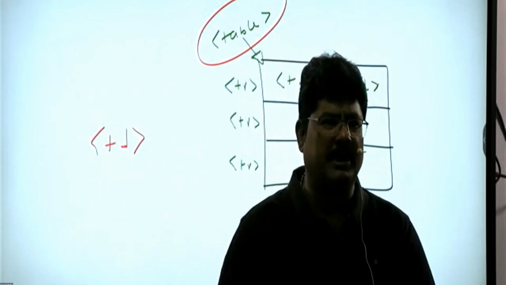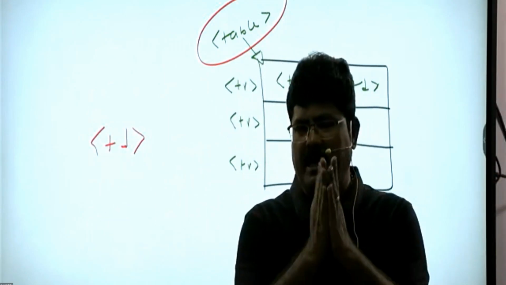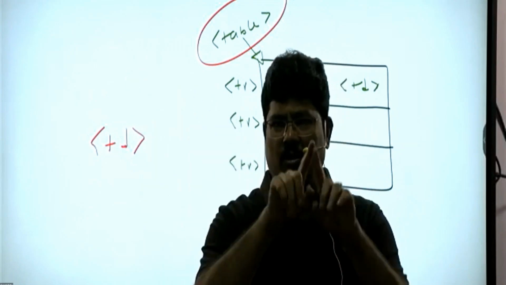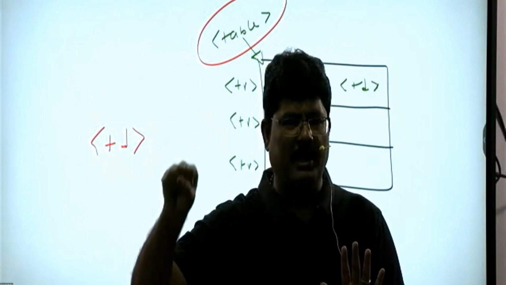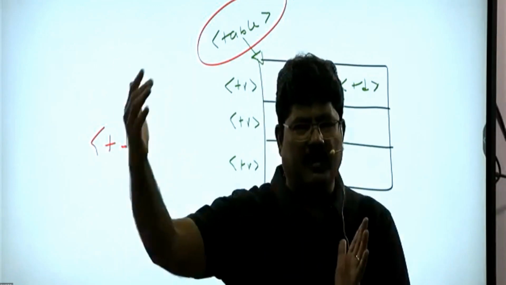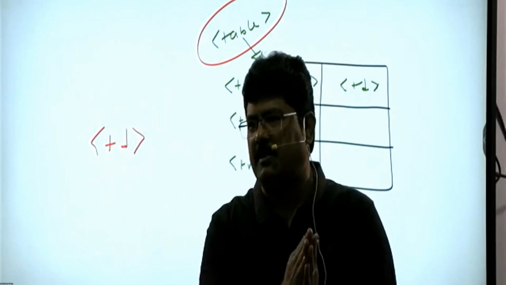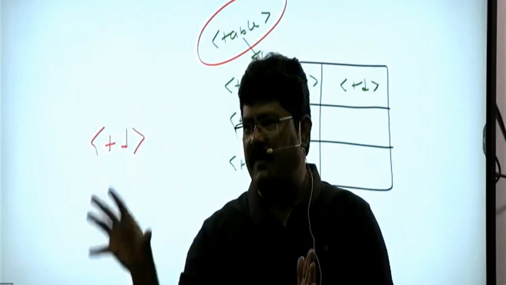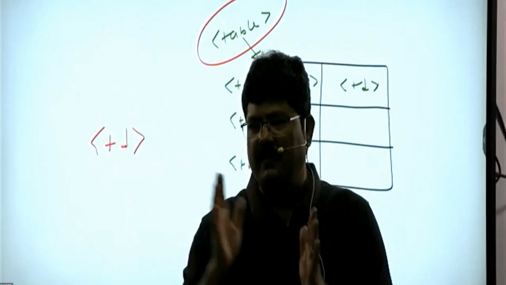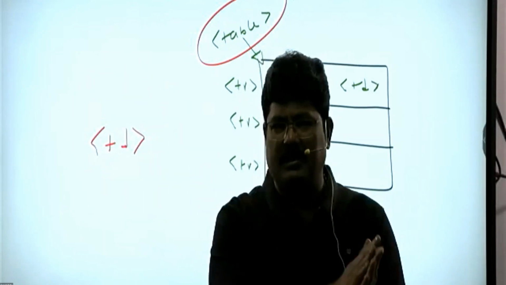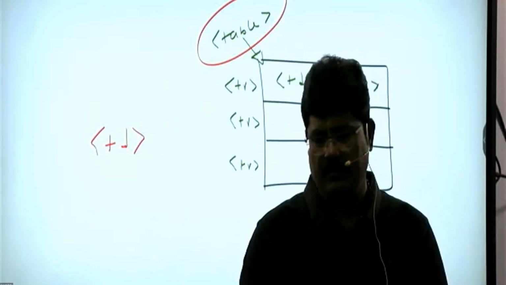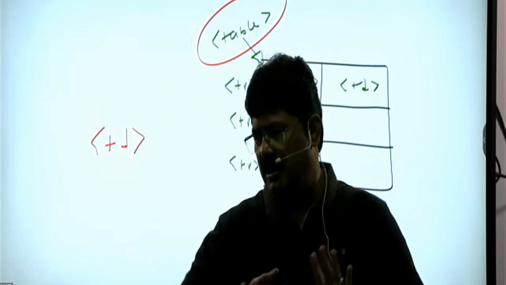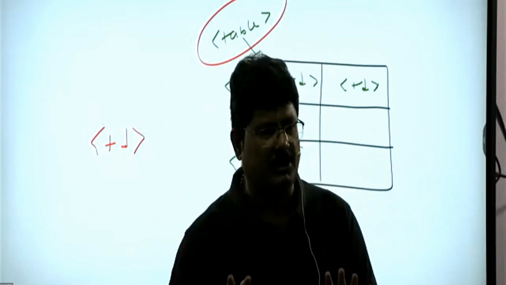Whatever the way the programmer defined, finally, the browser converts it into an HTML table: Table, TR, TDs.